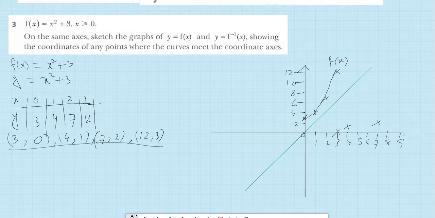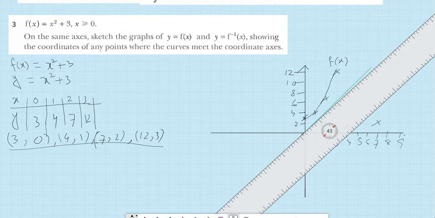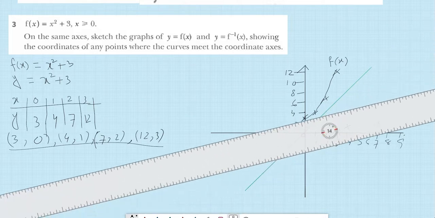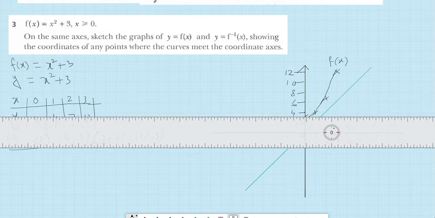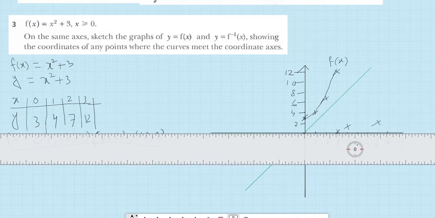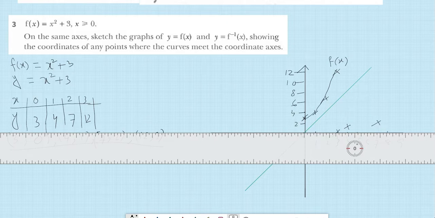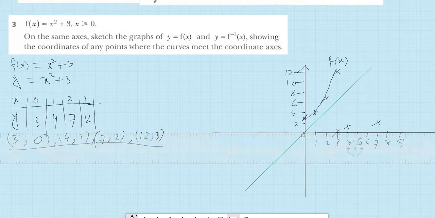I want to extend this line. Okay, so this is 10.